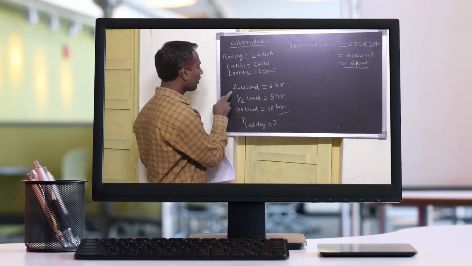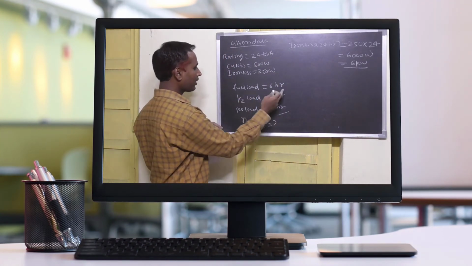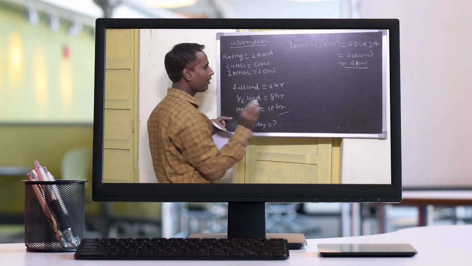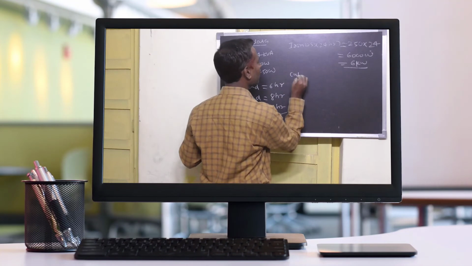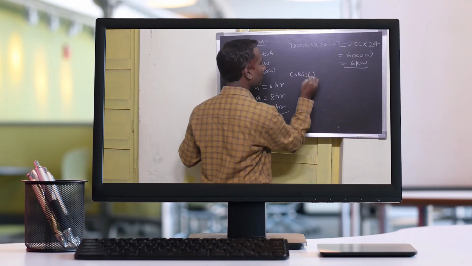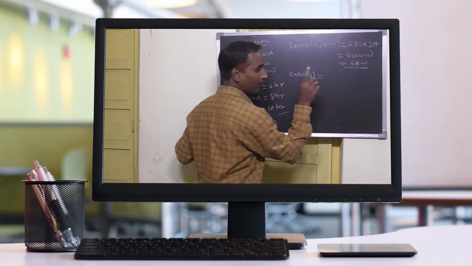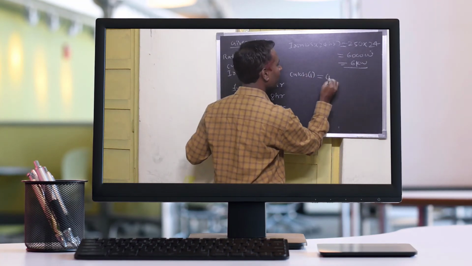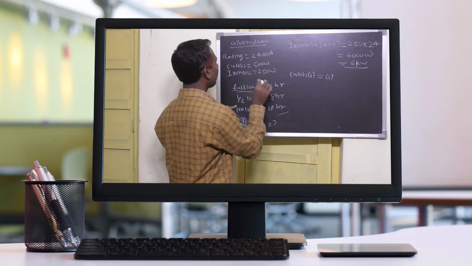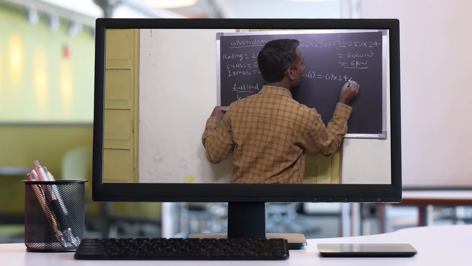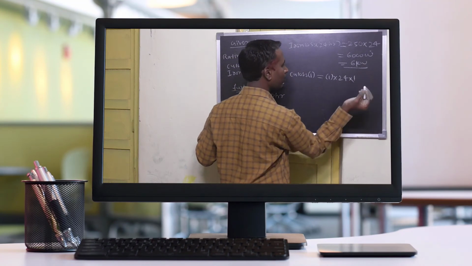Now we will find the copper loss for full load 6 hour, half load 8 hour, no load 10 hour. Same formula. Copper loss at full load: full load means x is 1, kVA is 24. Power factor is not given, so we put it as 1.